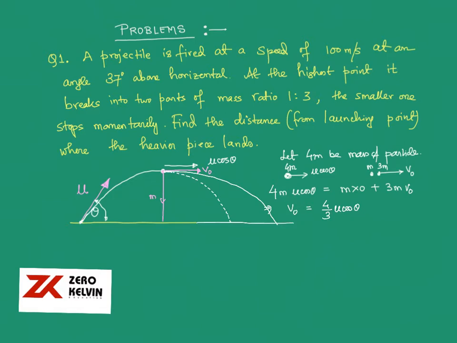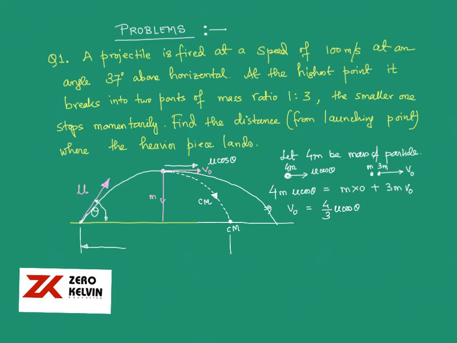So actually if it would not have been broken, this is the path of the center of mass of the system, right? As during splitting up, it is all the internal forces that are involved, so the center of mass would have dropped here now, which is equal to range.